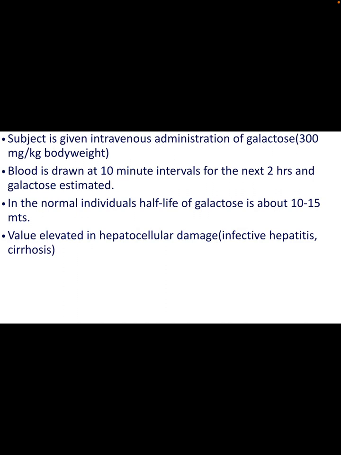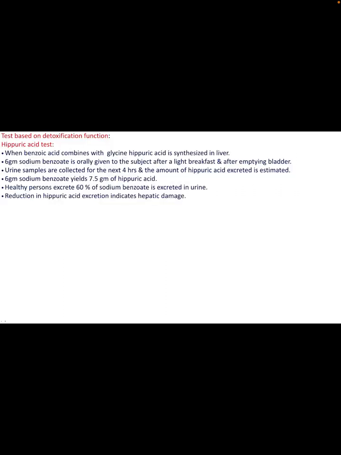The subject is given an IV administration of galactose at the dose of 300 mg per kilogram body weight. Blood is drawn at 10-minute intervals for the next 2 hours and galactose is estimated. In normal individuals, half-life of galactose is about 10 to 15 minutes. The value is elevated in hepatocellular damage, especially during infective hepatitis and also cirrhosis.